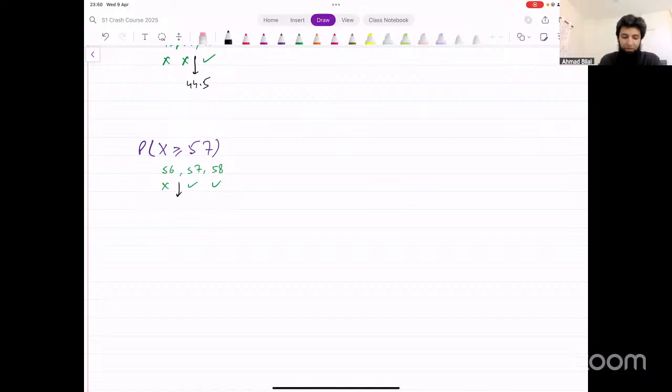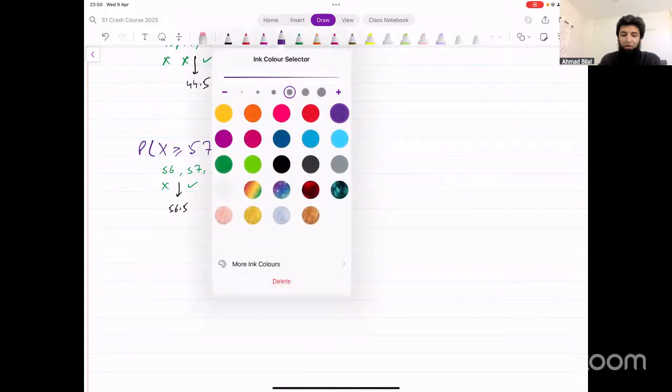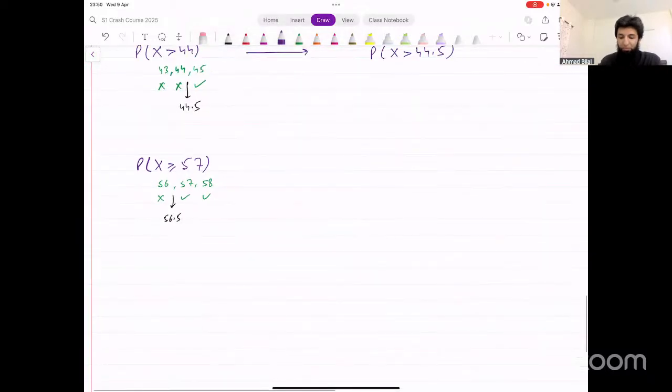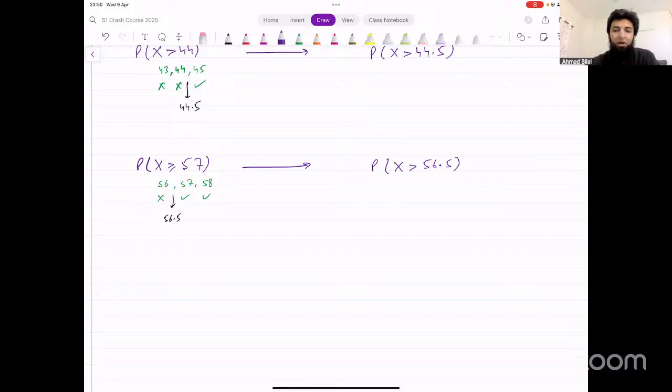Between the tick and the cross, you have 56.5 here. In normal distribution, you would consider x greater than 56.5. That's the probability that you would calculate in normal distribution. This is called continuity correction. That's the way to do it.